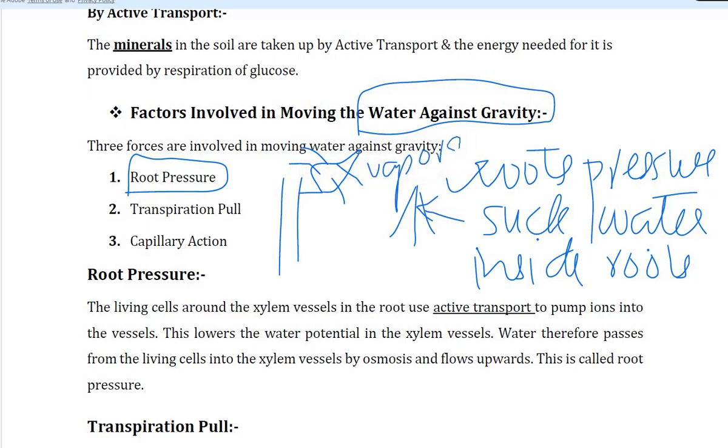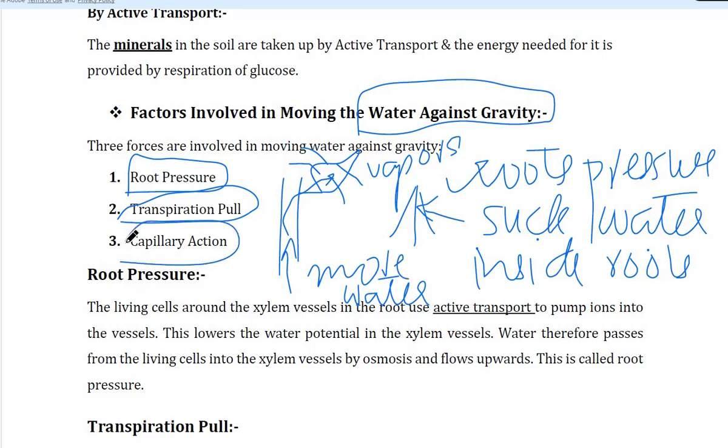Since water has to move out, it creates a pull, the transpiration pull, so that roots suck more water and the plant can continue its process of transpiration. This is called transpiration pull: the pull, the force, the power that brings the water in the upward direction towards the leaves for transpiration.